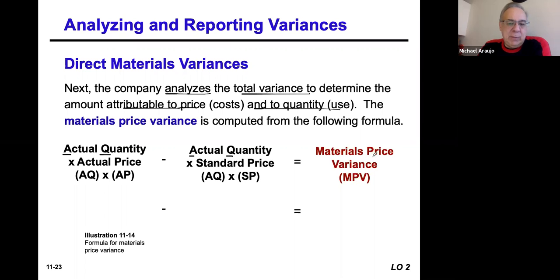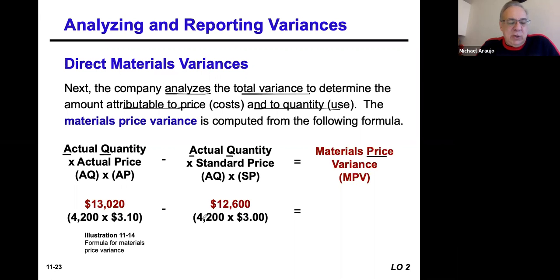Can we come up with the material price difference? We used 4,200 pounds at $3.10 a pound. But if we subtract out the 4,200 pounds at the expected standard price of $3, that accounts for $420 of our variance. Your actual is still higher than the standard, even with the updated quantity, by $420.